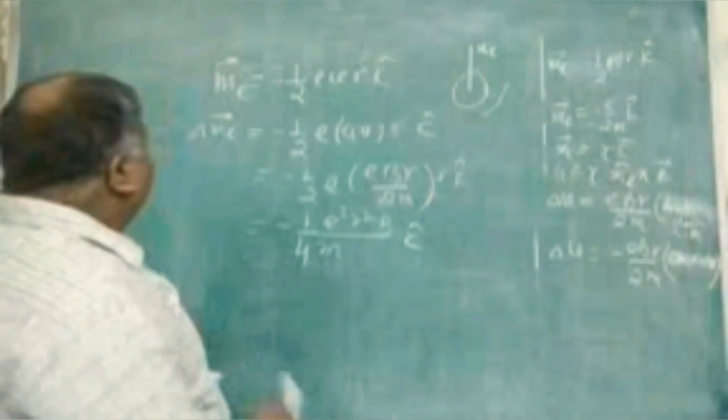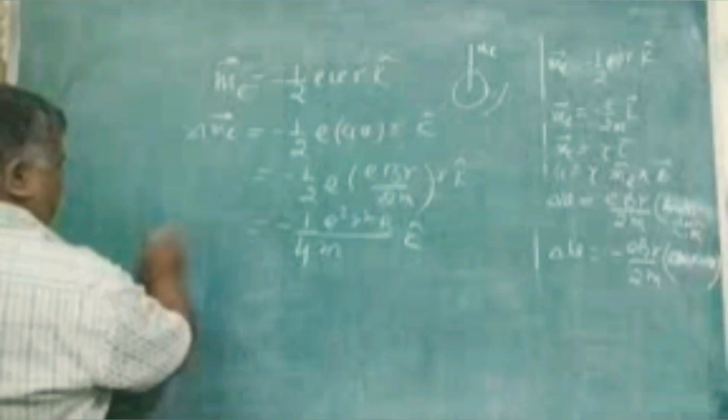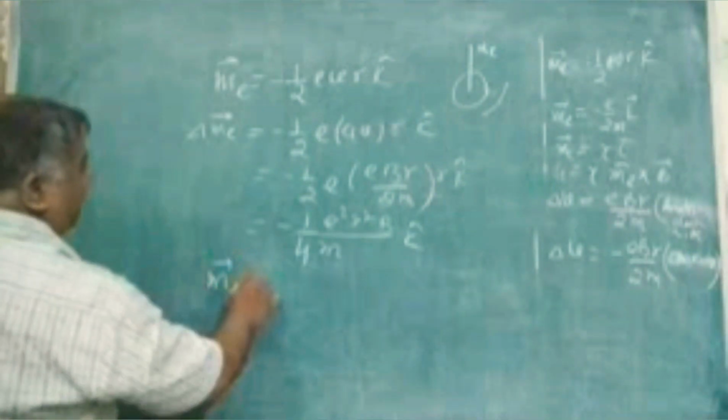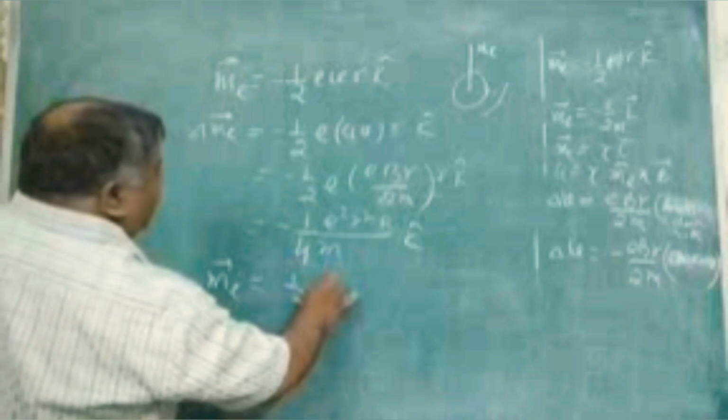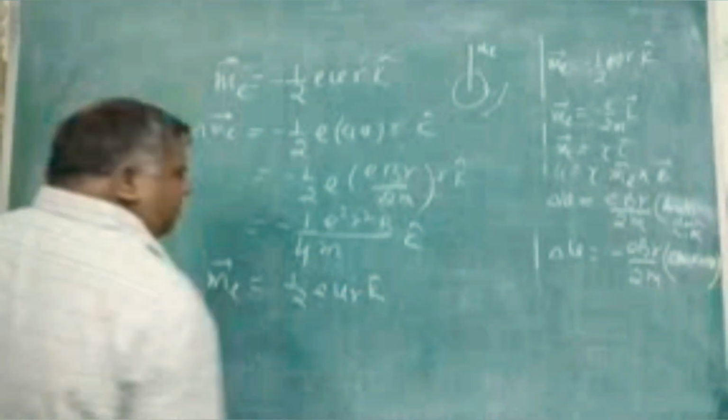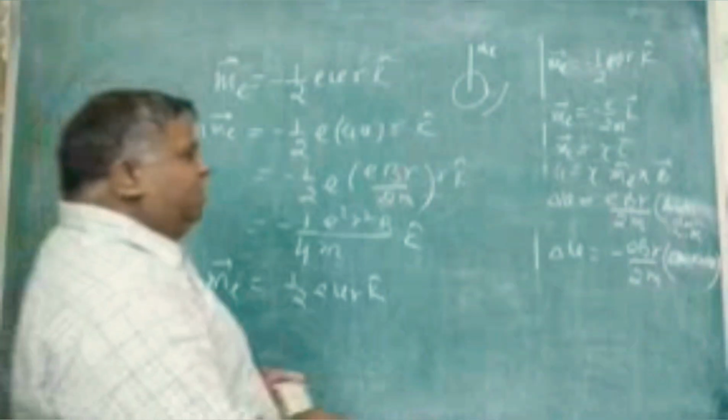So, for such a situation, ML is plus half EVRK cap. And now the change is negative.